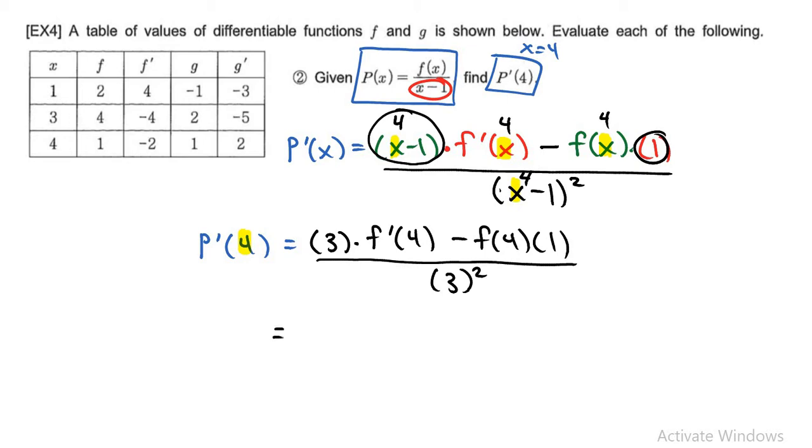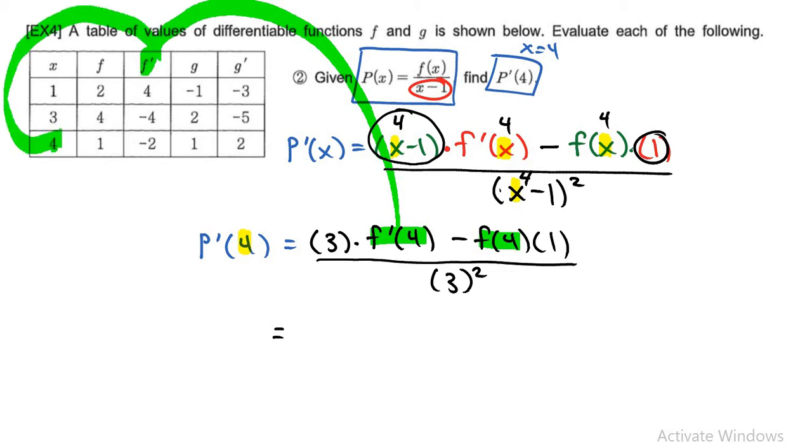Alright, so now we need to find the numerical values of f prime of 4 and f of 4. Now for f prime of 4, you want to go to the f primes and the 4s, and where they intersect is this value right here, which is negative 2. So if I follow the table here, it's going to be 3 times the derivative value of negative 2 minus, now where's f of 4?